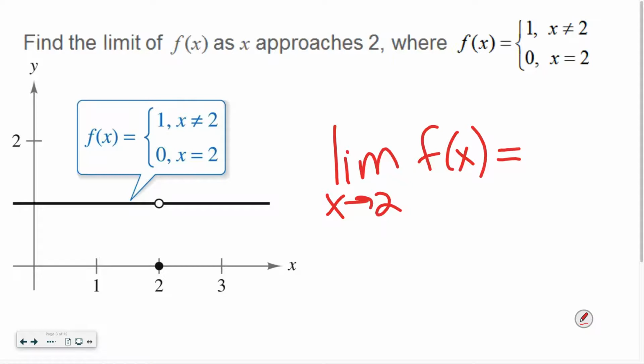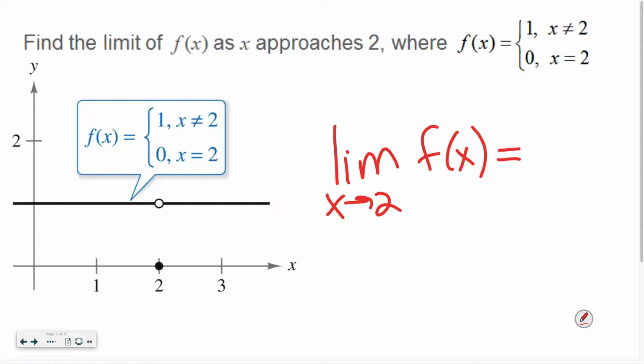Well, it's good. And then you just go to that piece of the graph. Since there's a hole, I'm picking 2 because that's where the hole is, so that there's something interesting there. But I really could ask you any x value. I've just been kind of picking the more interesting ones. Okay.